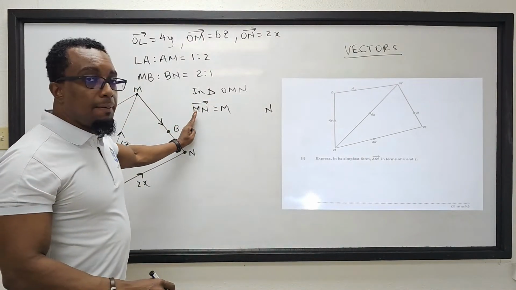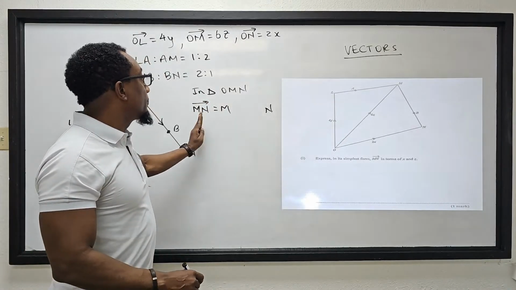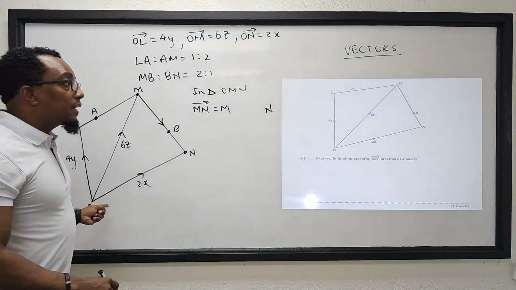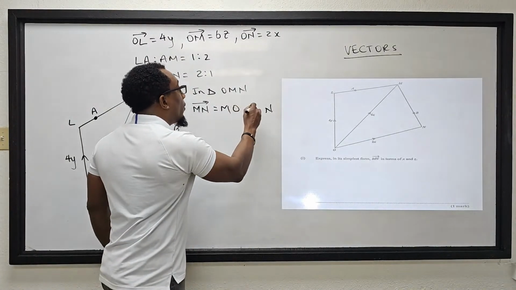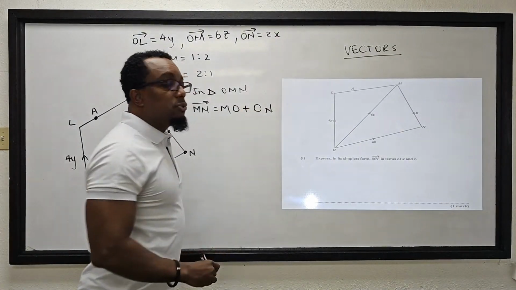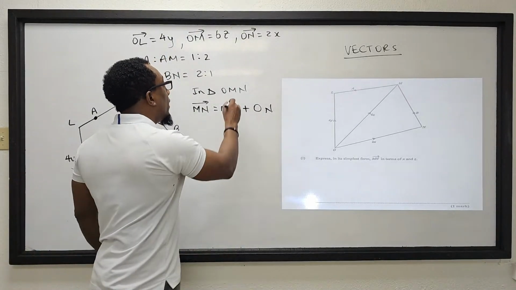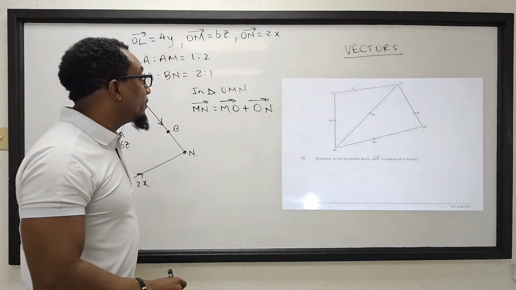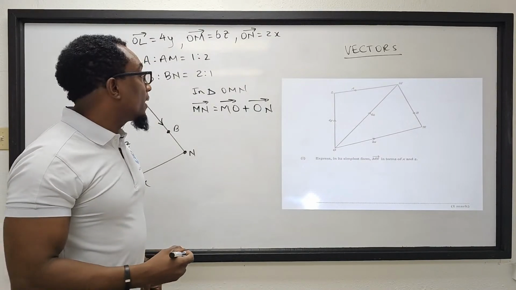So we start with M, we end with N, but the third vertex on that triangle is O, so O will be placed in the middle, and we separate these two vectors, MO and ON, with an addition sign. That is our equation based on the triangle law.